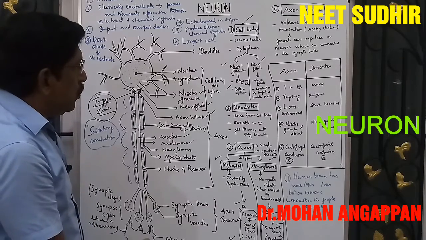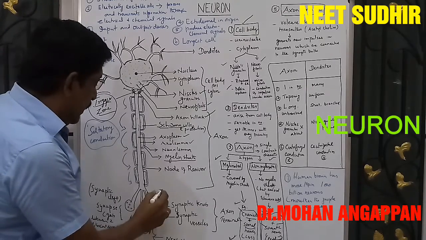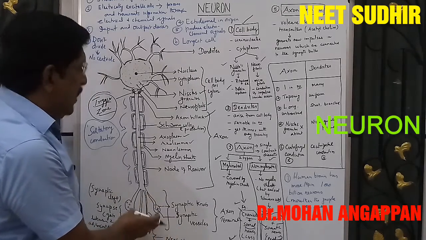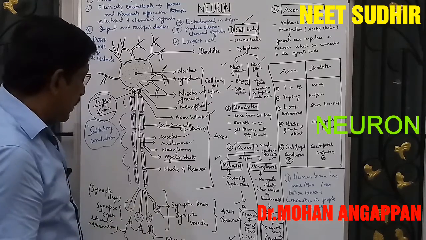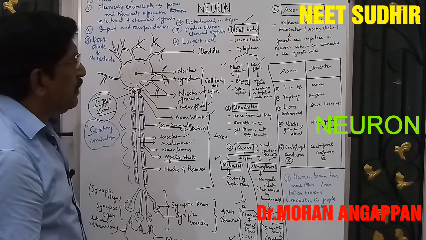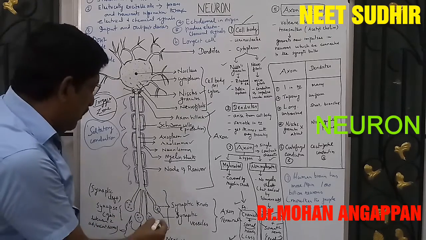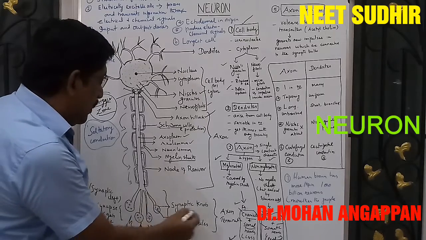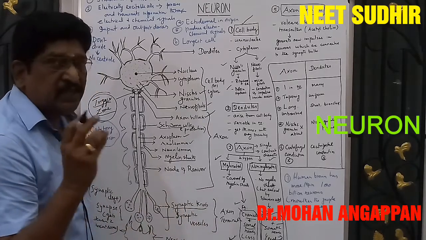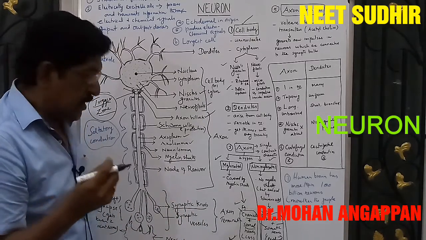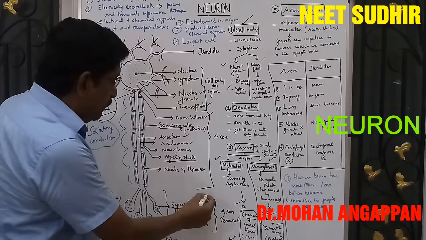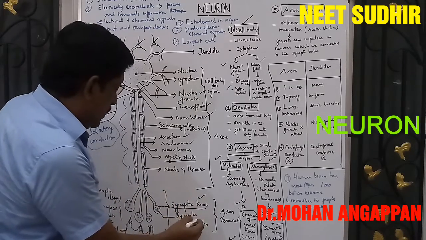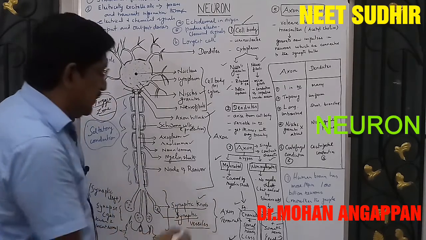Then finally we come to this portion, the axon terminals. The axon terminals have synaptic knobs, bulb-like or knob-like structures, which contain the synaptic vesicles.